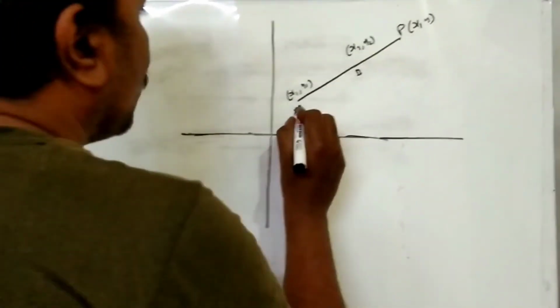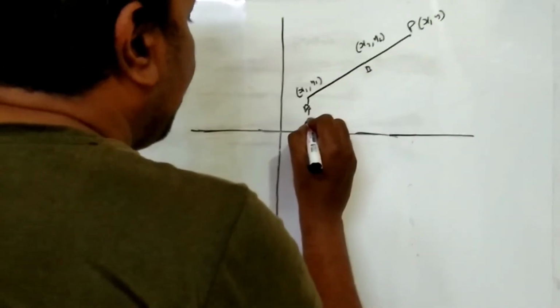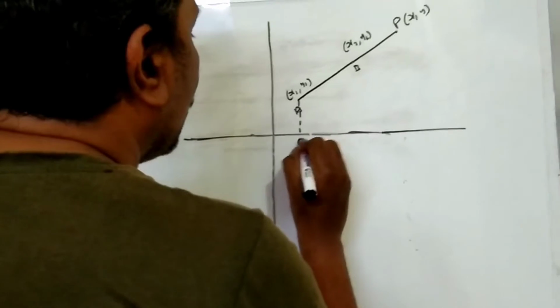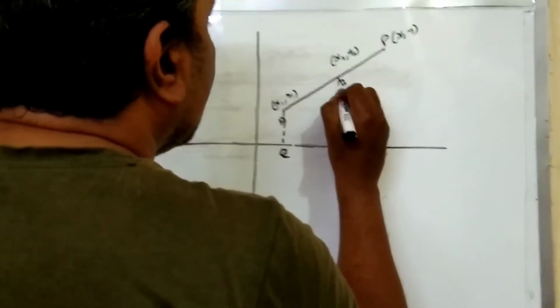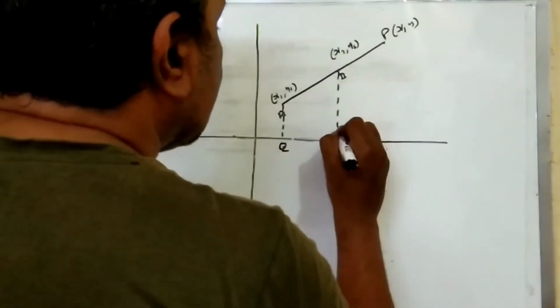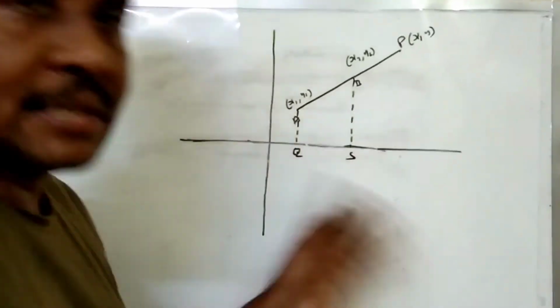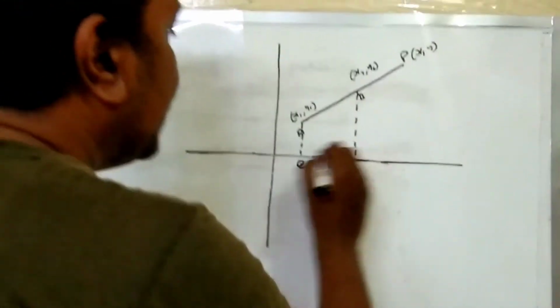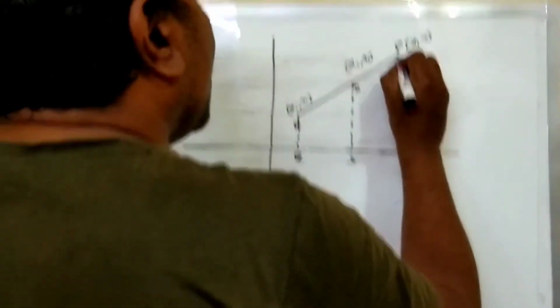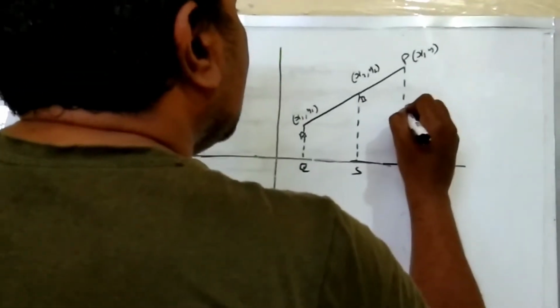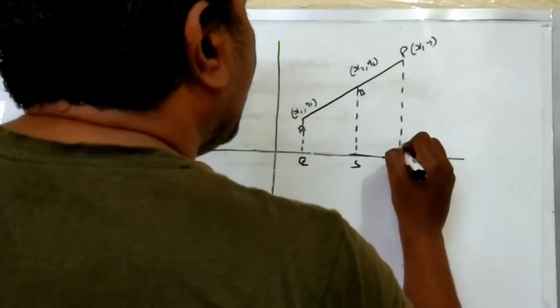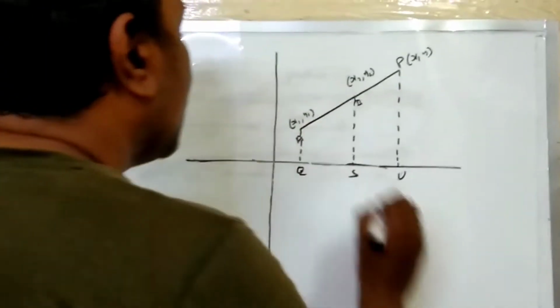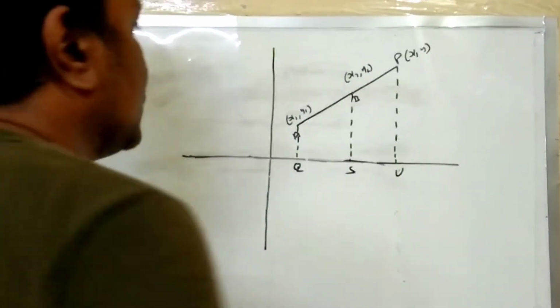So for that we need to draw, as usual, a perpendicular line AQ and another perpendicular line BS perpendicular to the x-axis. AQ perpendicular to the x-axis, BS perpendicular to the x-axis, and PU something like that perpendicular to the x-axis.